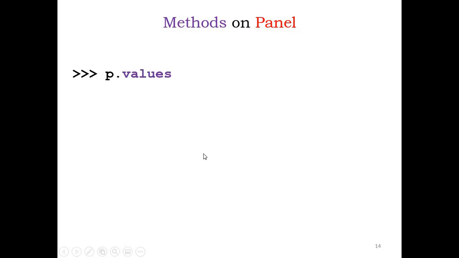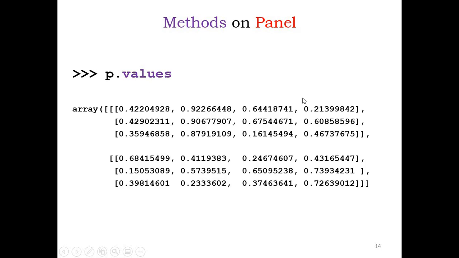Well, if you write p.values, it will show you the values, because otherwise p is the panel you created just now, and p will not show you the data; actually it will show you the information about the axes. So if you write p.values, it will show you the data. So you can find out the axes here.